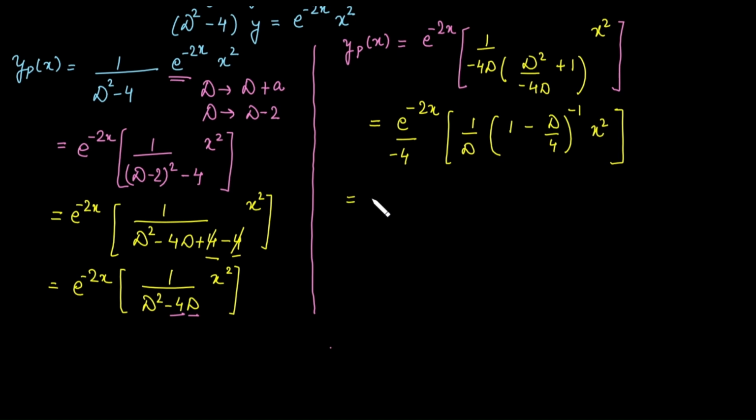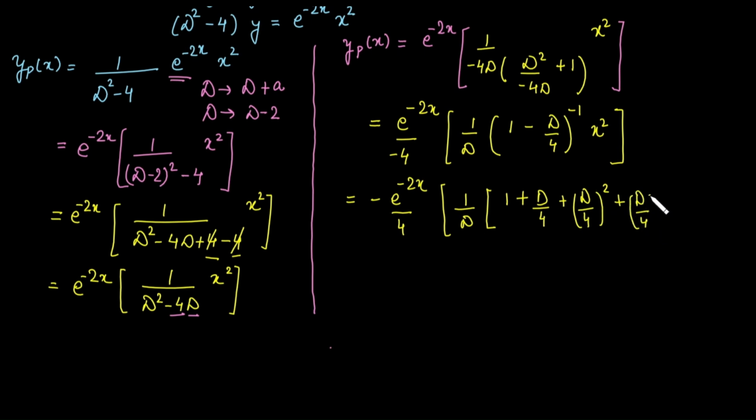So this is equal to minus e raised to power minus 2x by 4, 1 by D. Expand this. So this can be expanded as 1 plus D by 4 plus (D by 4) whole square plus (D by 4) cube and so on.